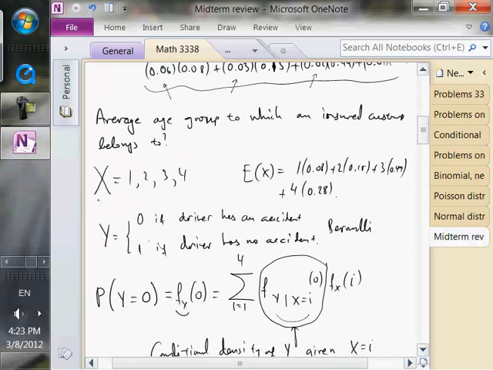I would use the random variable x, which takes 4 values, 1, 2, 3, and 4, each per age group, with 1 being the youngest age group, and 4 the oldest age group. And then I would put y to take values 0 and 1. I would say 0 if the driver has an accident, 1 if the driver has no accident. Okay, so I consider failure to have an accident over the other way, so you don't get confused.